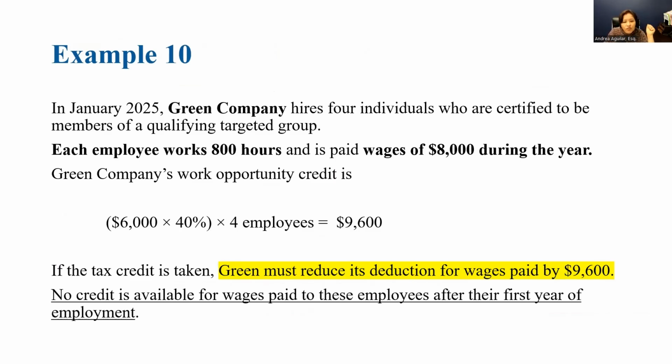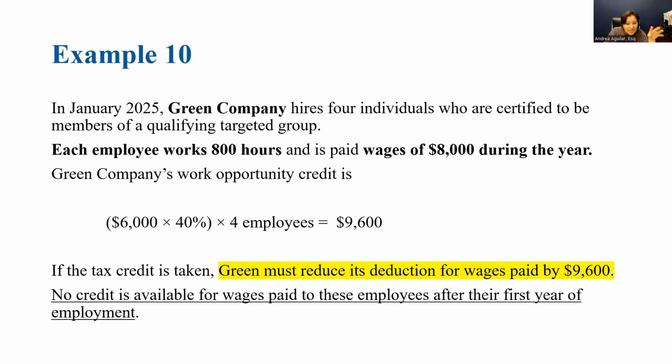Example 10. In January 2025, Green Company hires 4 individuals who are certified to be members of a qualifying targeted group. Each employee works 800 hours and is paid wages of $8,000 during that year. I mean, this is very easy. All of them belong to this targeted group, and all of them have worked more than 400 hours.